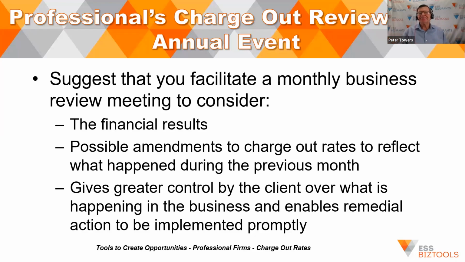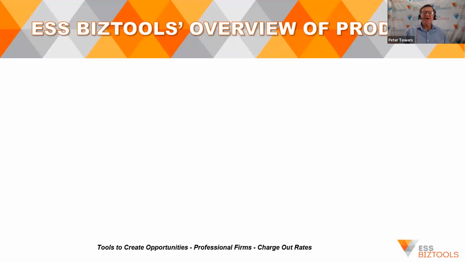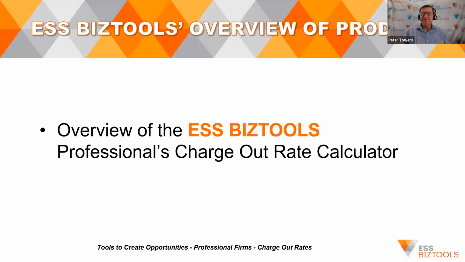Changes could be looked at because, say, we forgot that we've allowed Bill to have a special week of preparation for another assignment for the next 6 months. We forgot to factor that into the original calculations, and these things do happen. So let's now have a look at the overview of this product package, the Professional Charge-Out Rate Calculator.